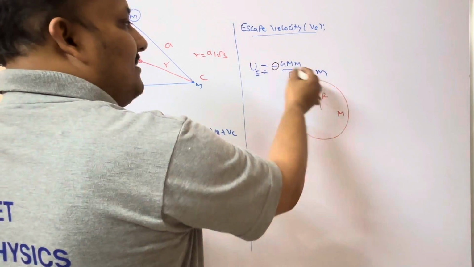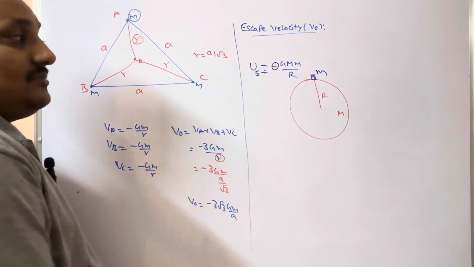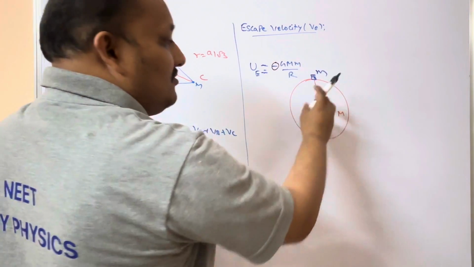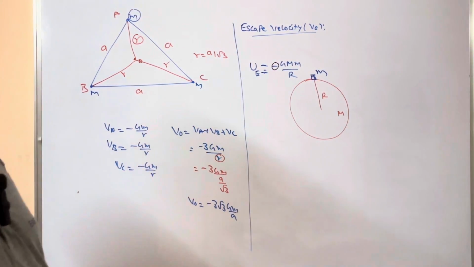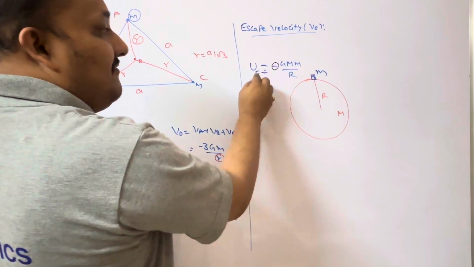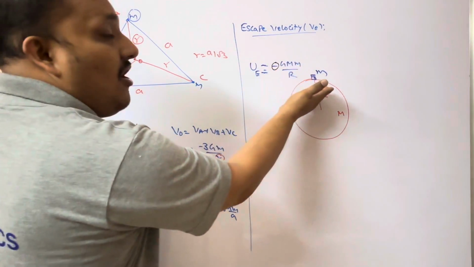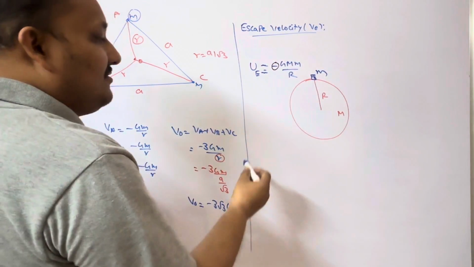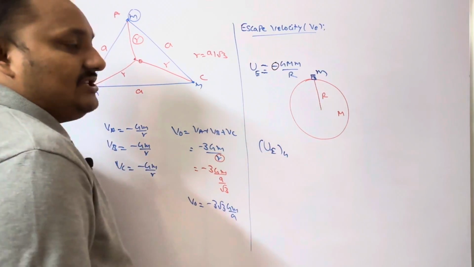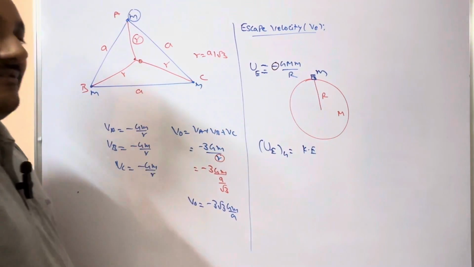So it will be bound because of this gravitational potential energy. Otherwise, it is going to escape. Now, this much gravitational potential energy is acting to keep that object on the surface of the earth. So if we give some velocity, the energy should be equal and opposite to this gravitational potential energy.